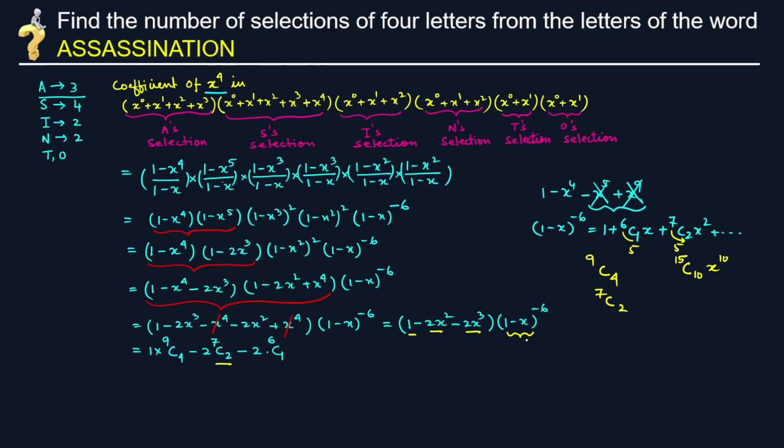So I need only x from this expansion, and that can be done in c1, because x to the power 1 will be c1. Gap is 5, so it will be 6c1. So that's exactly what I have written, 6c1 over here. And now after calculating, we are getting 72. And that's your answer. Have you observed this?